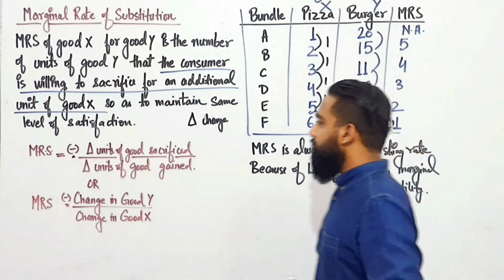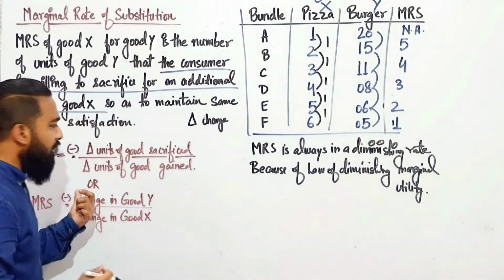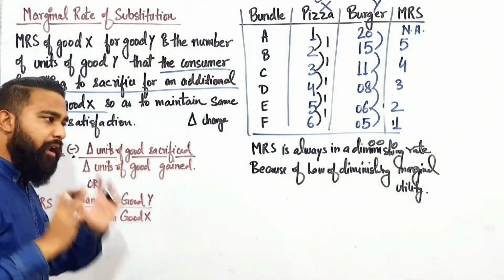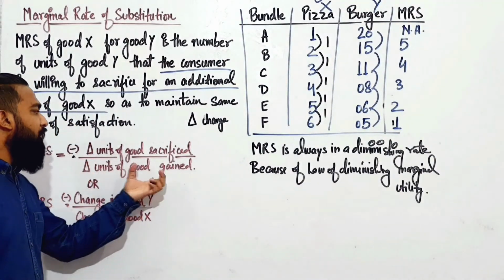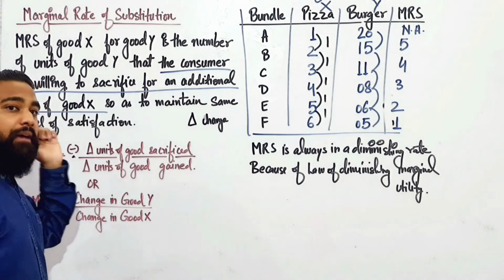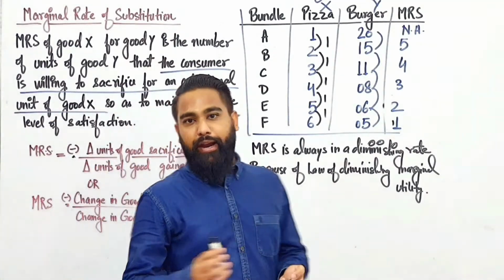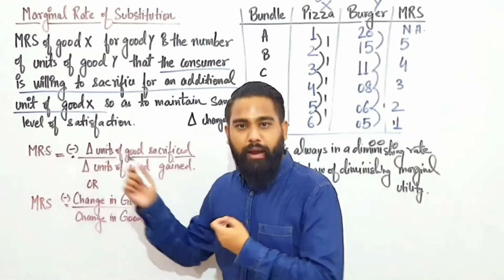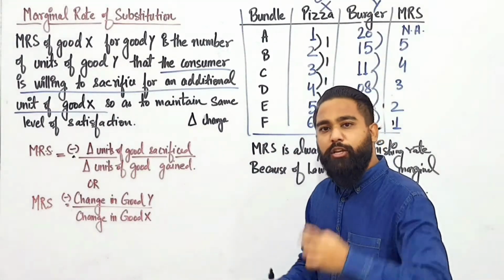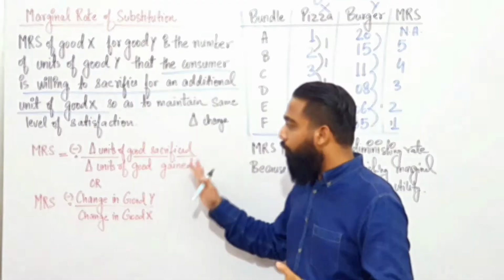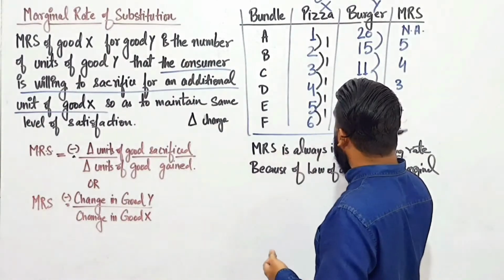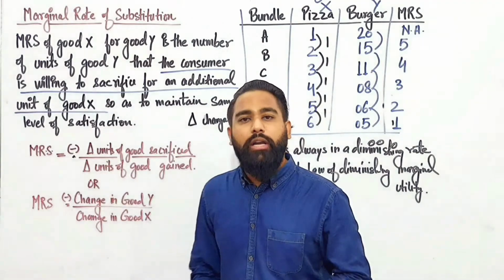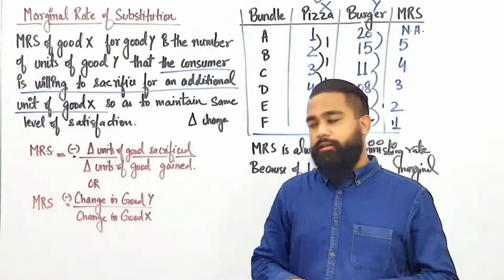Instead we take the value and assume it as positive. So it's not necessary to write this minus sign, but mathematically you have to write it. If you are asked the formula for MRS, then you have to denote this minus sign. But if you are calculating MRS, then you don't need to use this minus symbol.